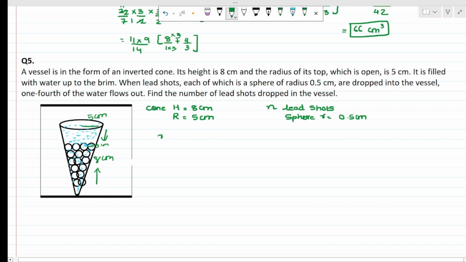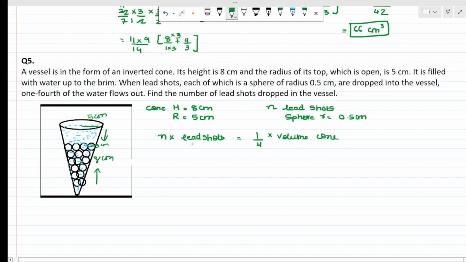Now write down the equation. What is it? n times lead shots will be equal to 1/4 the water dropped times volume of cone. Okay.